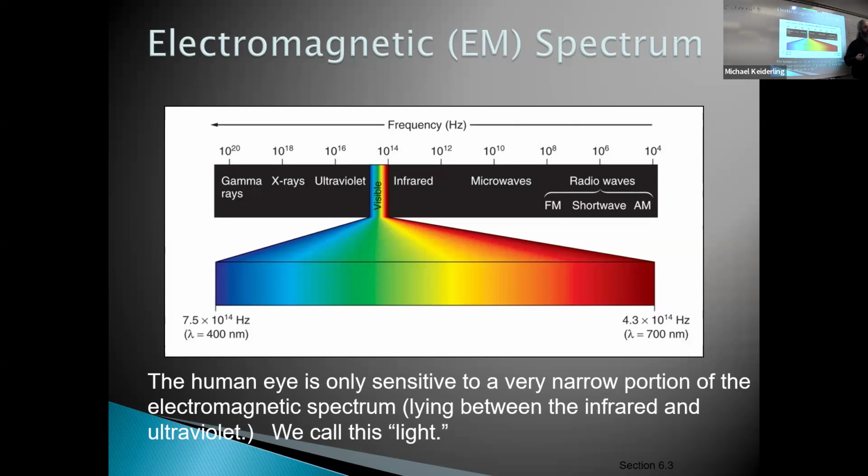Your common microwave is at 2.45 gigahertz. Yeah, microwave ovens are at 2.45 gigahertz.